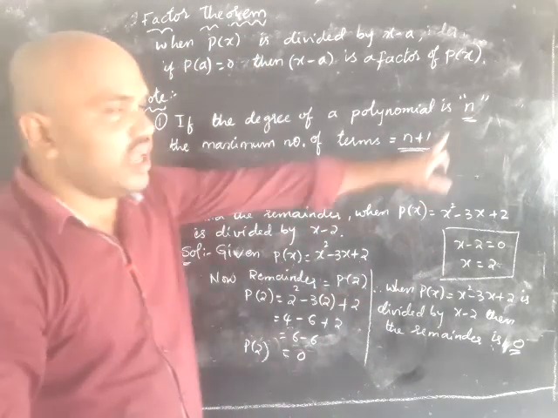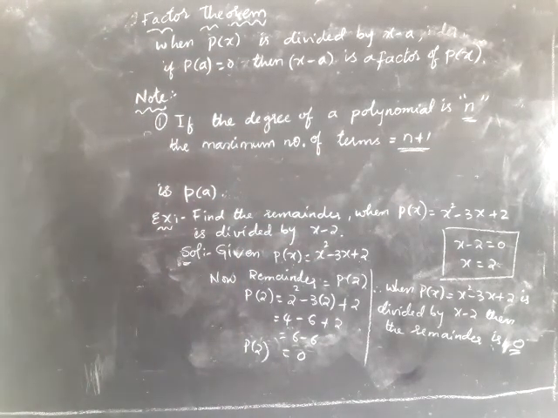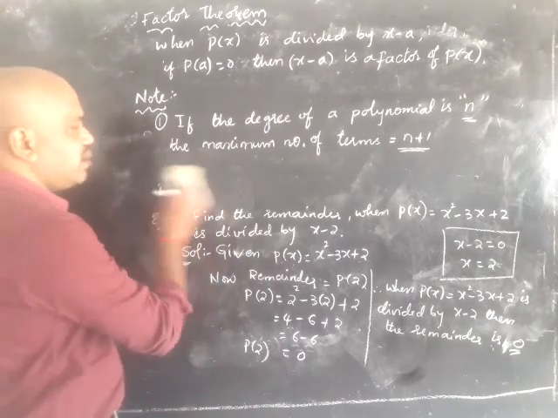If the degree is n, then the maximum number of terms is n plus 1.